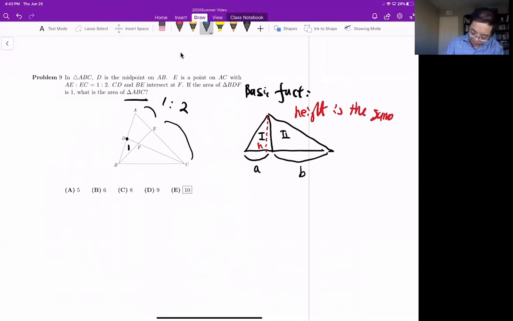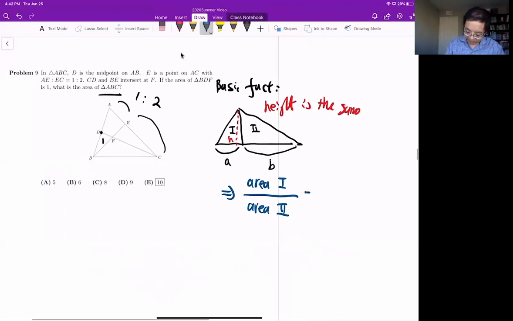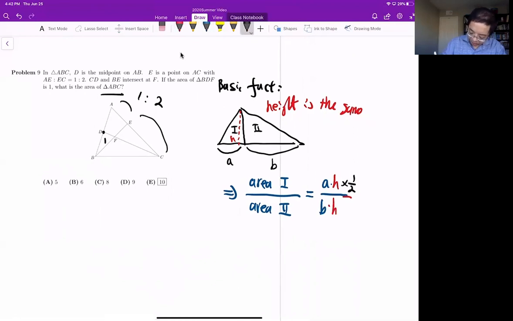Now let's look at the ratio of the area of 1 to the area of 2. The area equals the height multiplied by the base times 1/2. So this is A times the height h times 1/2, and this is B times h times 1/2.